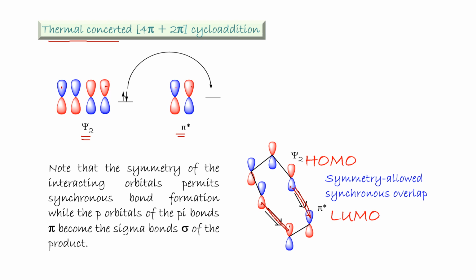Note that the symmetry of the interacting orbitals permits synchronous bond formation, while the p orbitals of the pi bond become sigma bonds in the product. When a p orbital interacts with another p orbital head to head, they form a sigma bond.